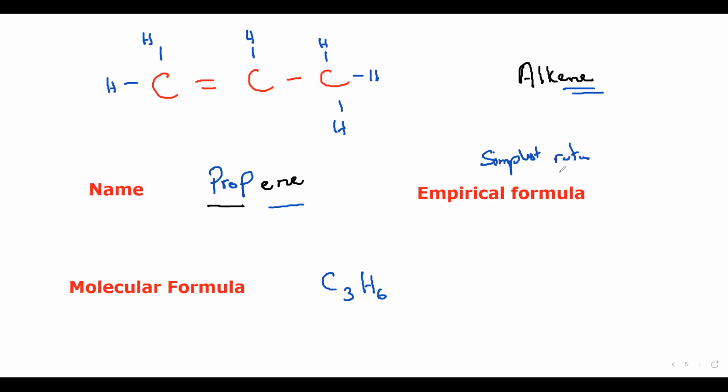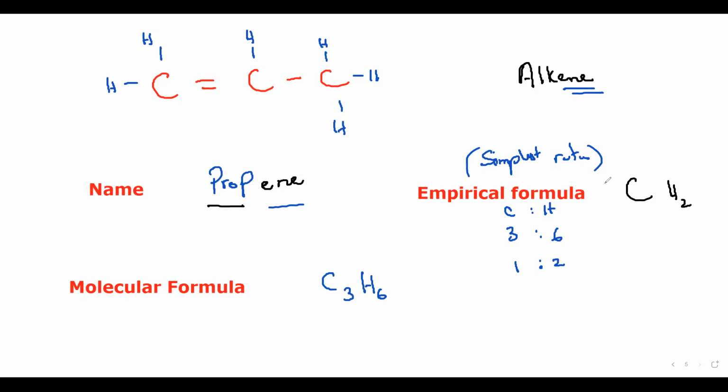So when we work out the simplest ratio, we have 3 carbon atoms and 6 hydrogen. If I simplify 3 is to 6, I can simplify it as 1 is to 2. So this simplest ratio between the atoms is called the empirical formula. So the empirical formula will be C1H2. And normally we don't write 1, so we can write CH2.